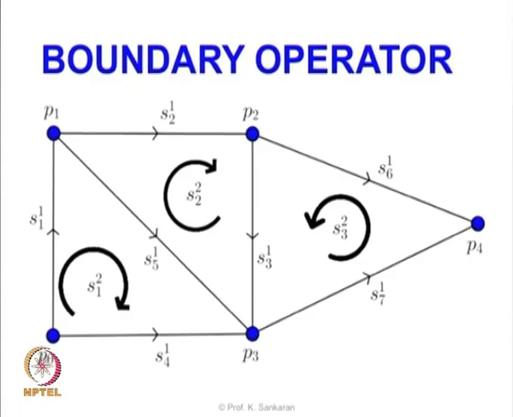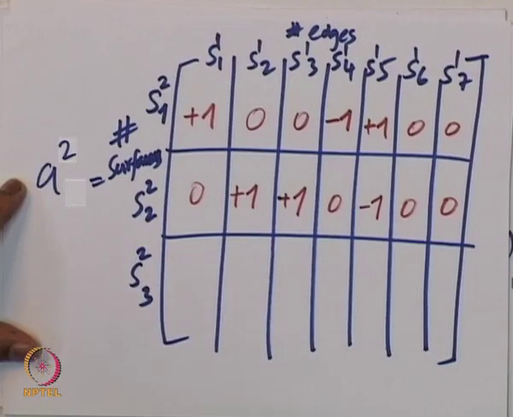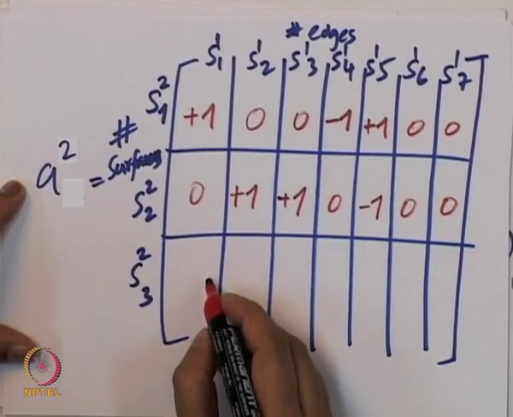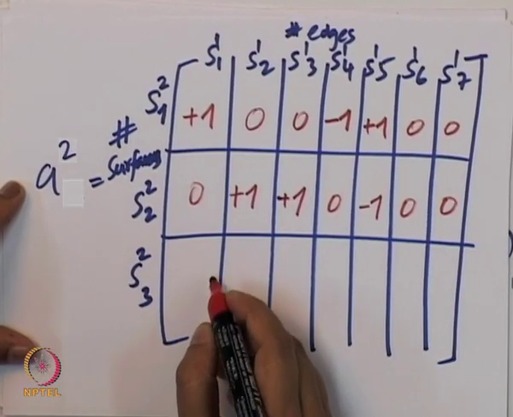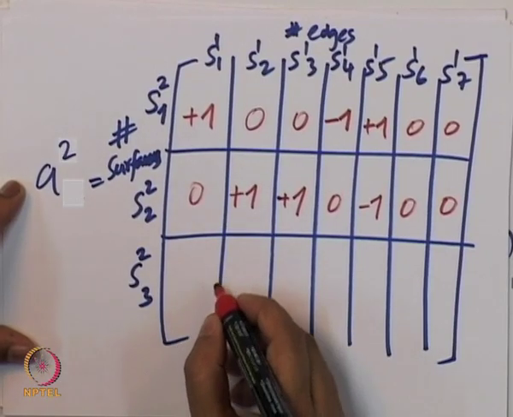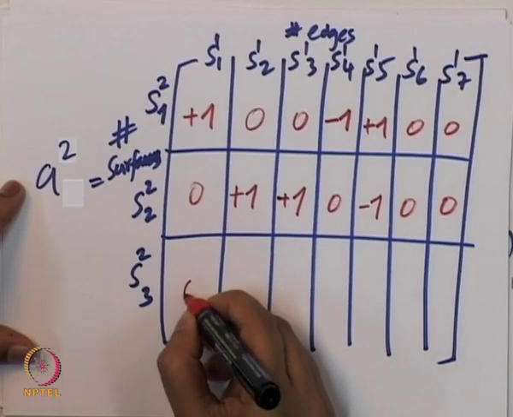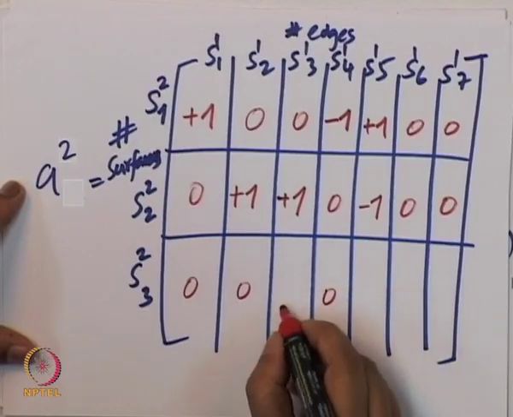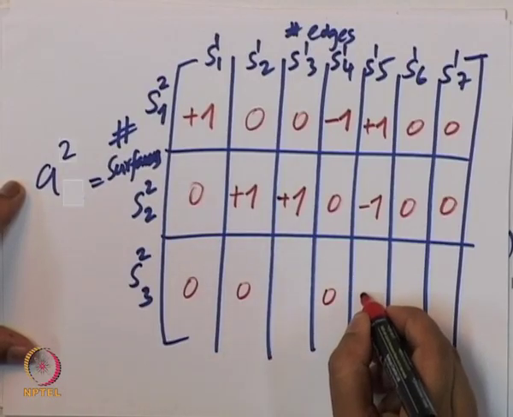Similarly for the last triangle, 3, 6 and 7 are responsible. Except for that, I put 0 on other things. So 3, 6, 7 are non-zero. So 1 is 0, 2 is 0, 4 is 0, and 5 is 0.